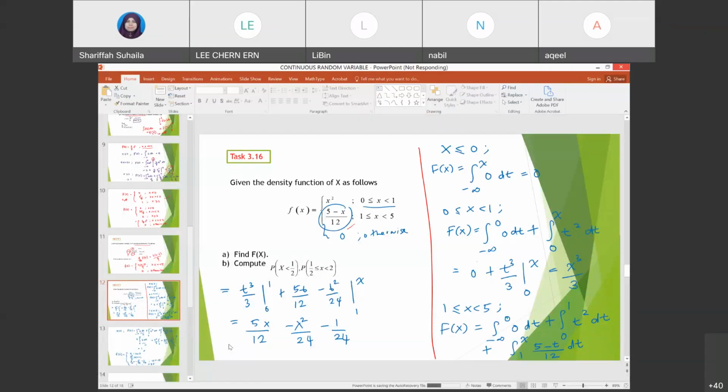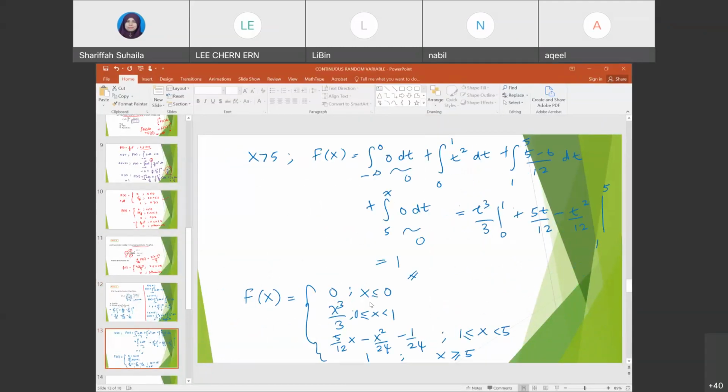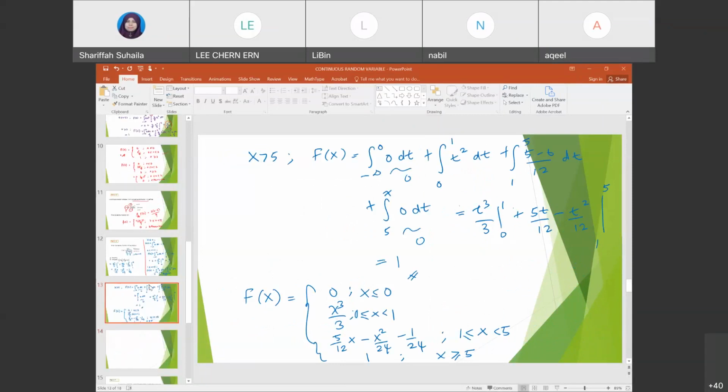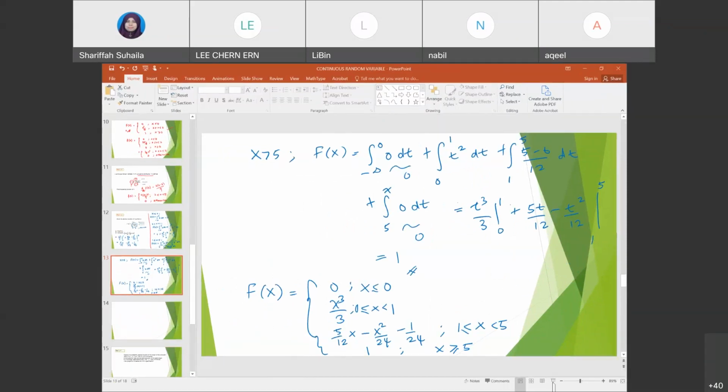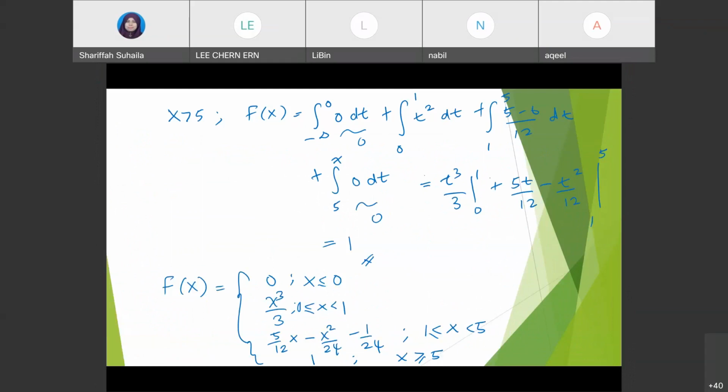And then to double check, try differentiating again and see if it is the same as our density function. Okay, that is the way we get this one. Okay, can? Any questions?